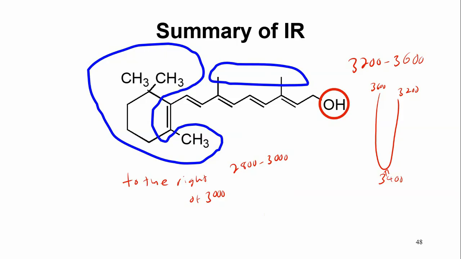And these? Same range, right? There are the alkyl groups. 2800 to 3000. Those are both alkyl groups.